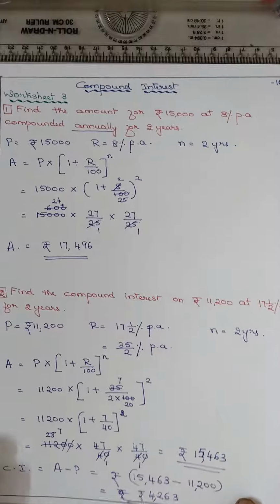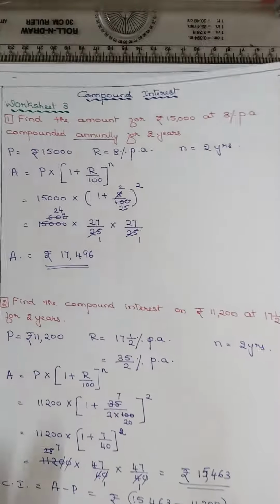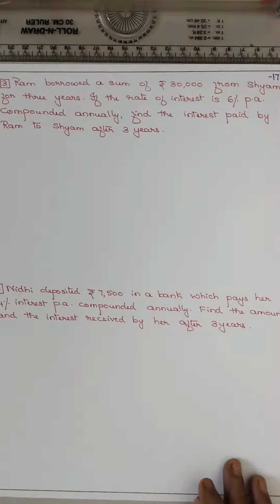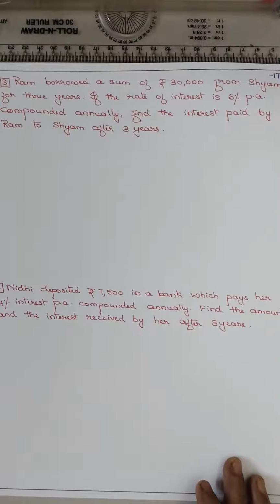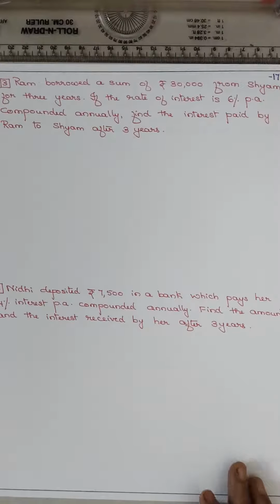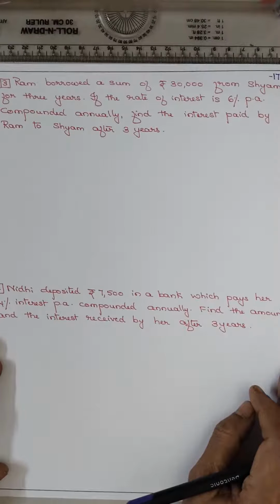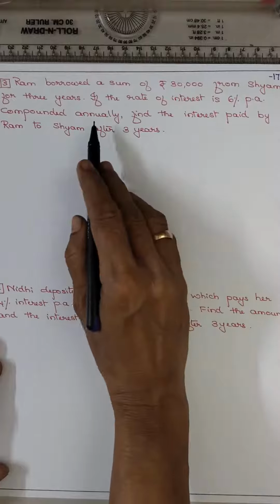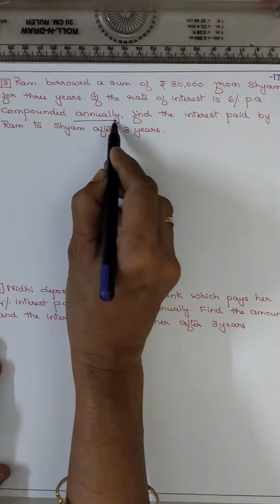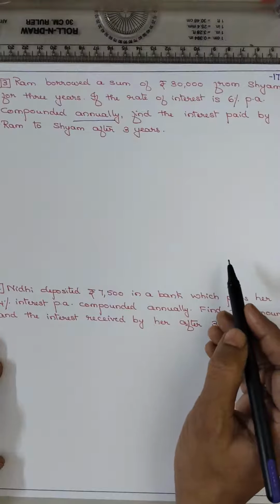Now coming to the third question. Ram borrowed a sum of 30,000 from Shyam for 3 years. If the rate of interest is 6% per annum compounded annually, find the interest paid.